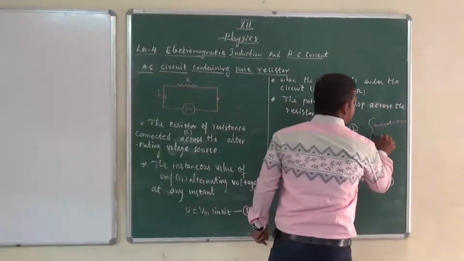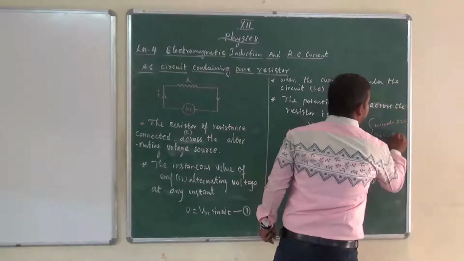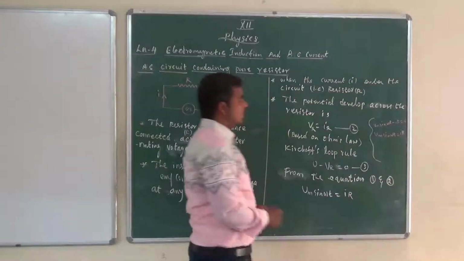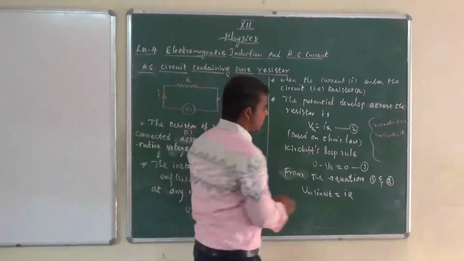Then we can write Vm sin omega t equals IR. That means this is our fourth equation.